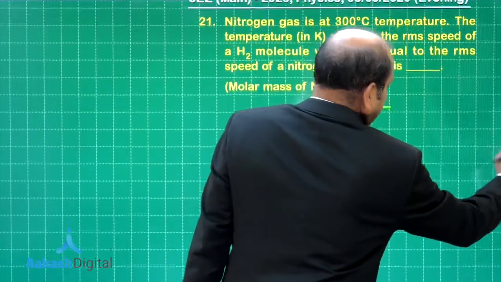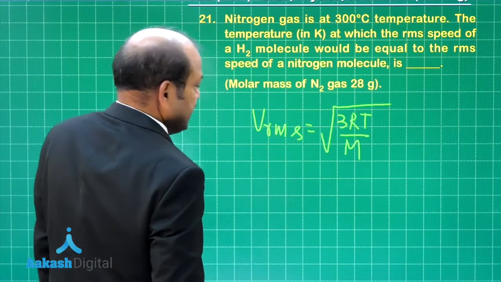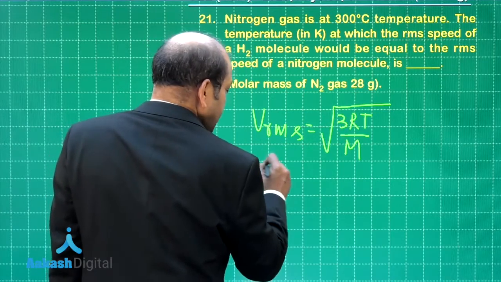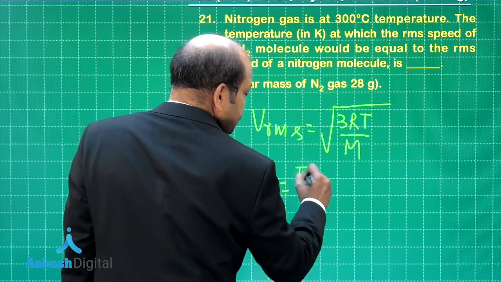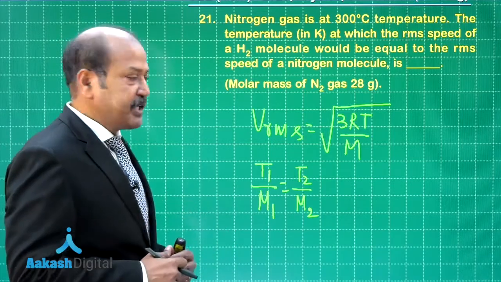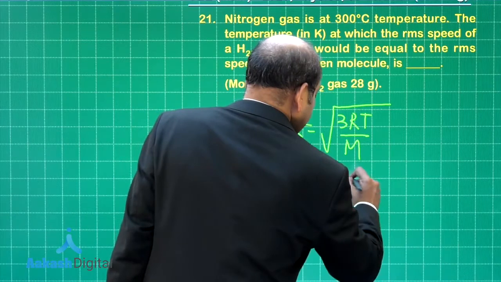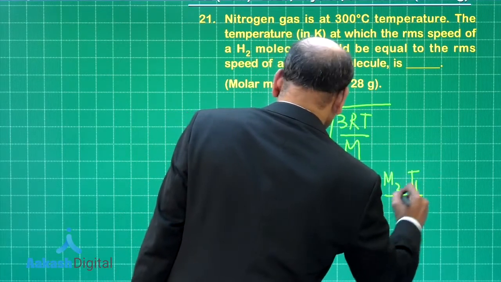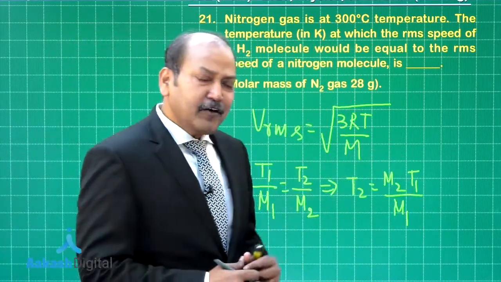We have to find the temperature at which the RMS speed of hydrogen molecule is the same as the RMS speed of nitrogen gas at 300 degrees centigrade. So, let us equate the two RMS speeds. One temperature is known. 3R being constant, we have T1 divided by M1 equal to T2 divided by M2. So, temperature T2 is equal to M2 T1 divided by M1. Do we have the value of T1?